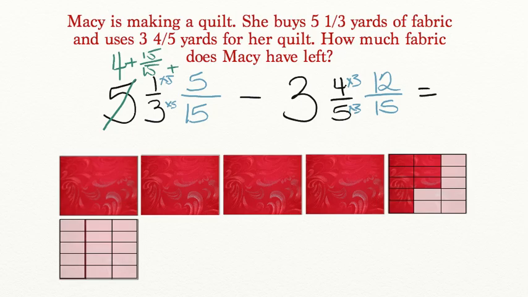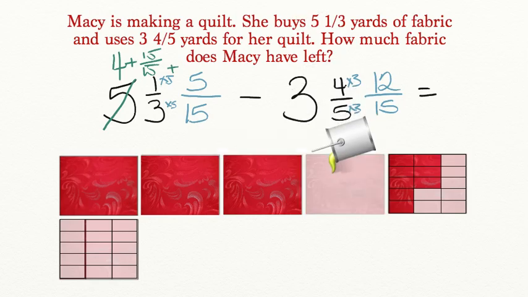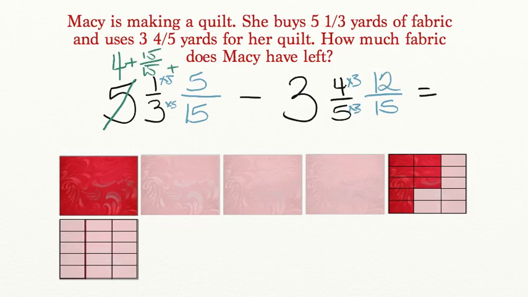We have 4 wholes shaded in, and we need to subtract 3 wholes. 1, 2, 3. All right, I think we're ready to go ahead and add up our area model. We have 1, 2, 3, 4, 5, 6, 7, 8 fifteenths shaded in, and we have 1 whole left. That means that Macy is going to have 1 and 8/15 yards of fabric left over.